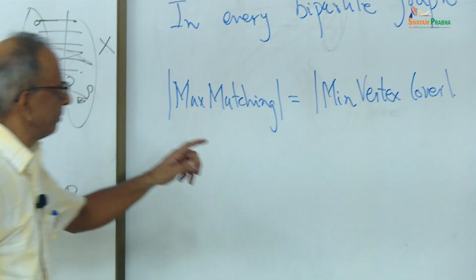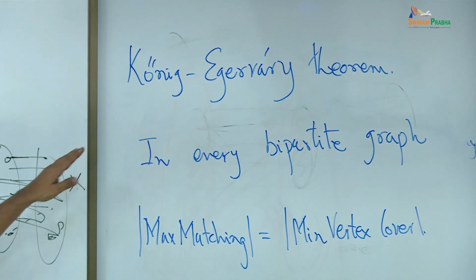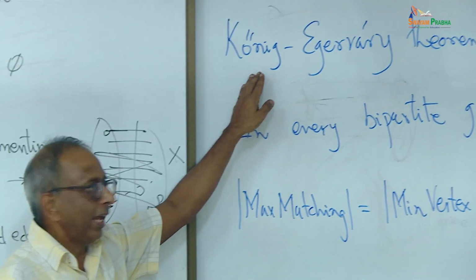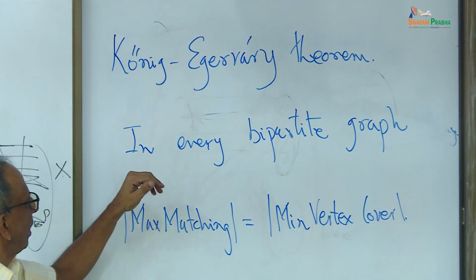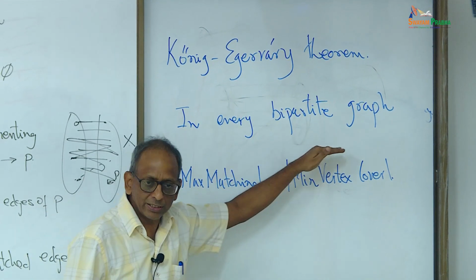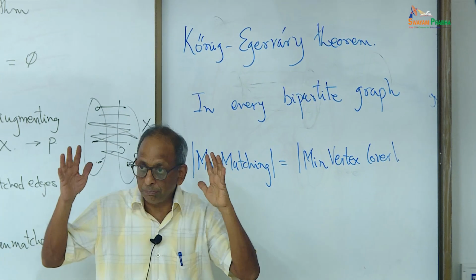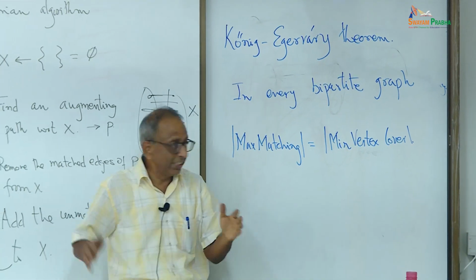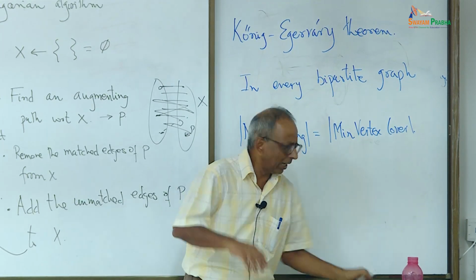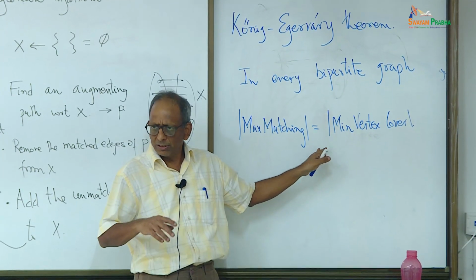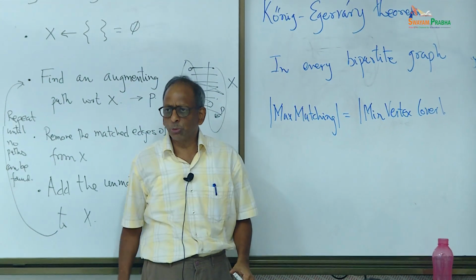So, I've told you 2 theorems. This one is called the Koenig-Egervary theorem. It says that in every bipartite graph, the size of the maximum matching, the best matching, is equal to the size of the minimum vertex cover. One inequality was obvious; we proved it in the morning.